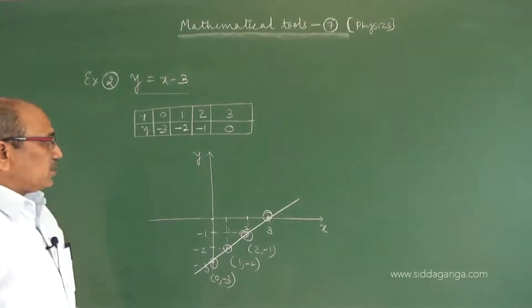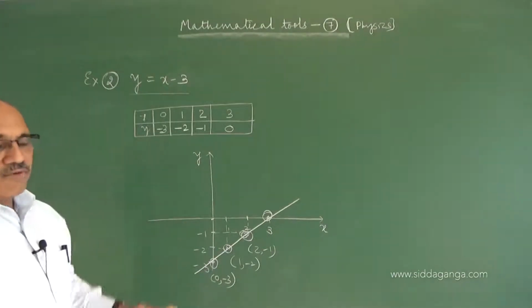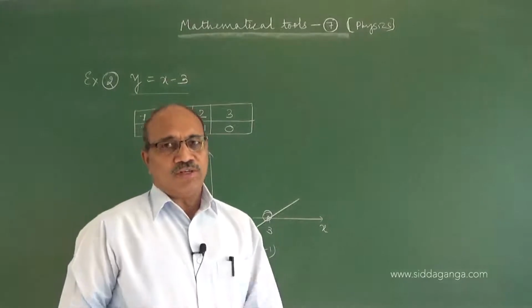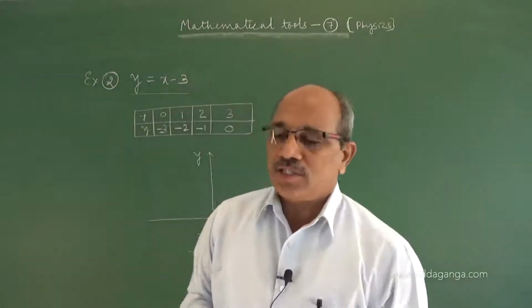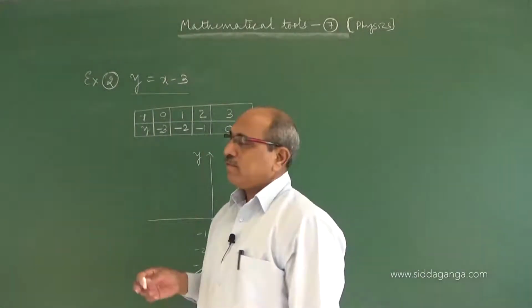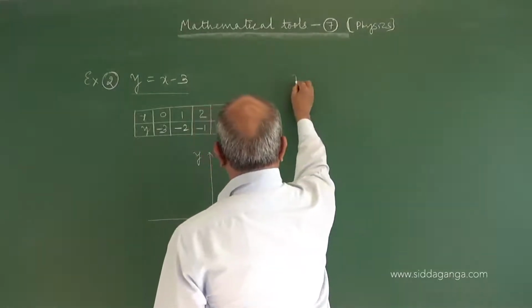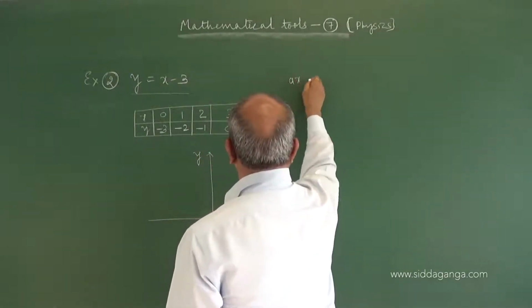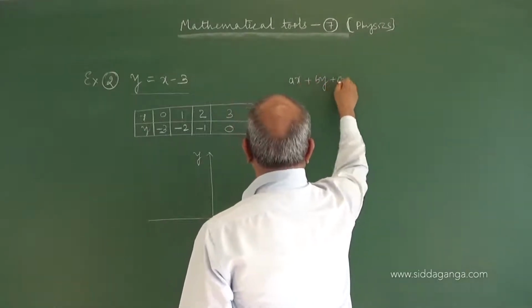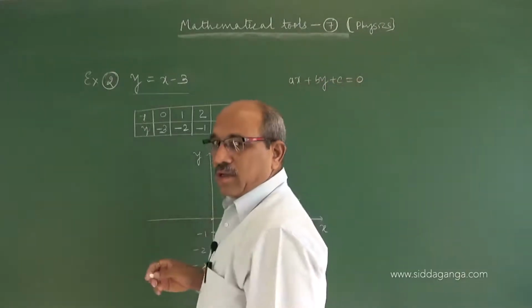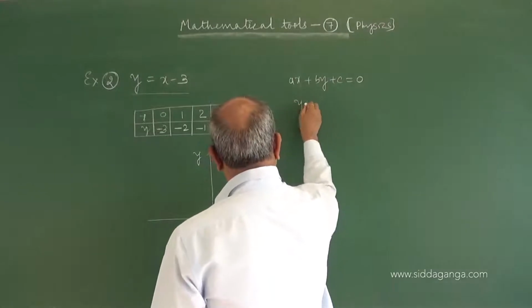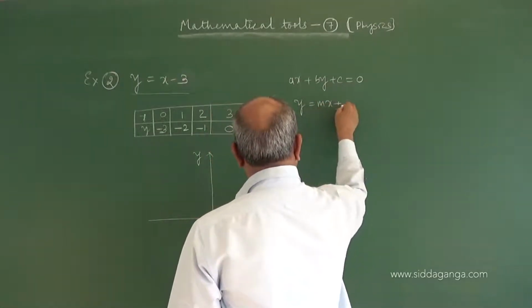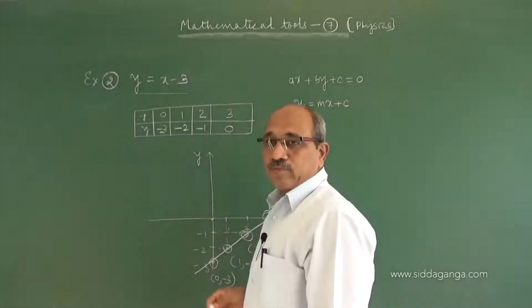So in the two cases, finally, before the conclusion, with the various discussions we had on the straight line graph: an equation of the form ax plus by plus c equals 0, or the standard equation we took, y is equal to mx plus c, is called a linear equation.